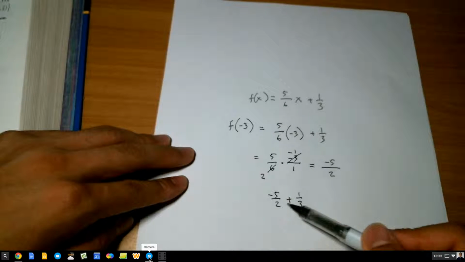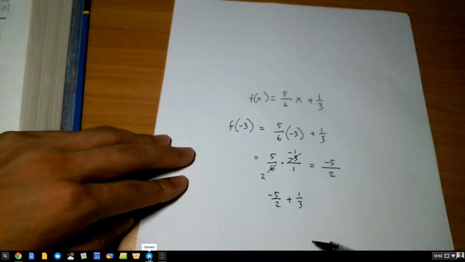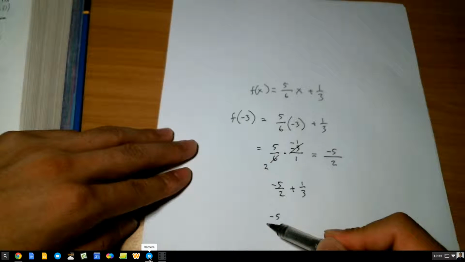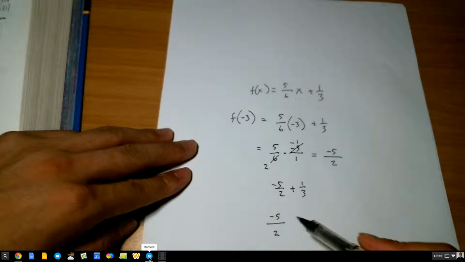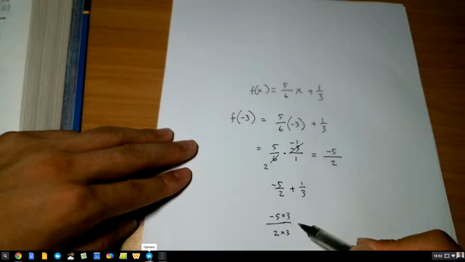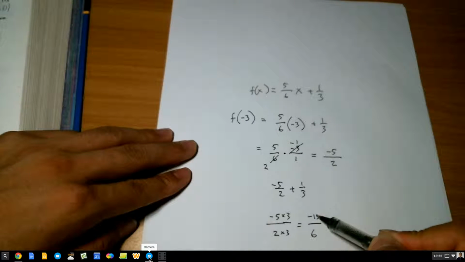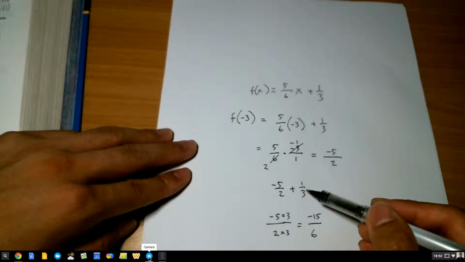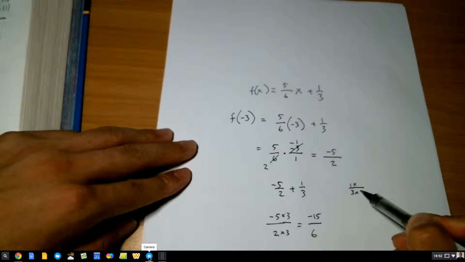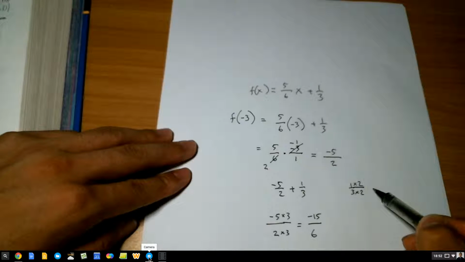And once again, we need to get a common denominator. And what is the common denominator between 2 and 3? It's 6. So negative 5 over 2, we have to get 6 on the bottom. So we times it by 3, times it by 3. This becomes 6, negative 15. And what about that one? So 1/3, you want to multiply both top and bottom by 2.